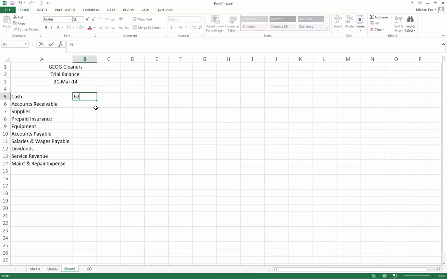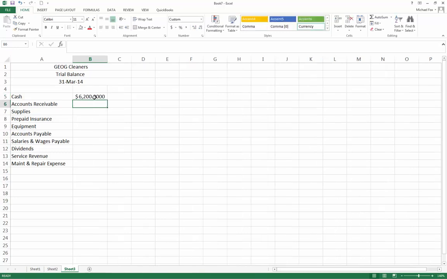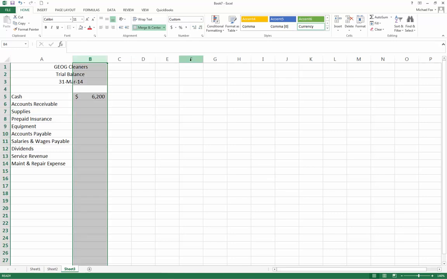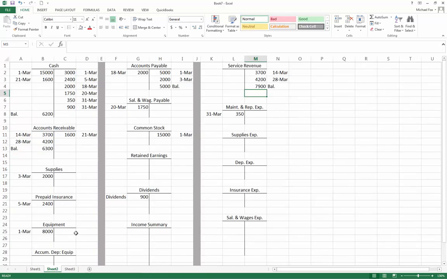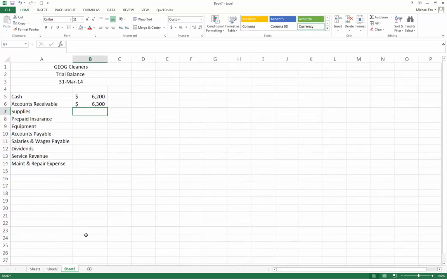So cash had a $6,200 balance. Accounts receivable had a $6,300 balance. Again, I'm getting that information from these P accounts where we figured out the balance for each one. Supplies has 2,000.